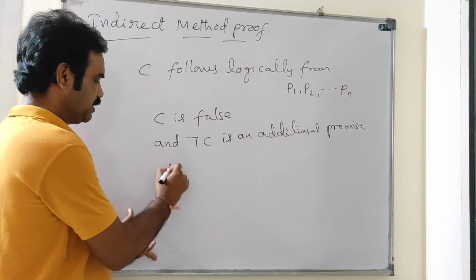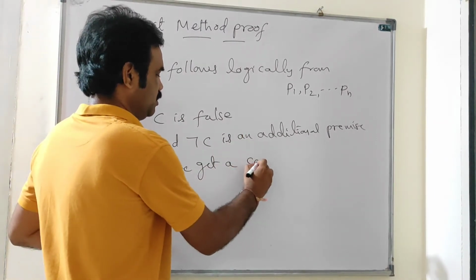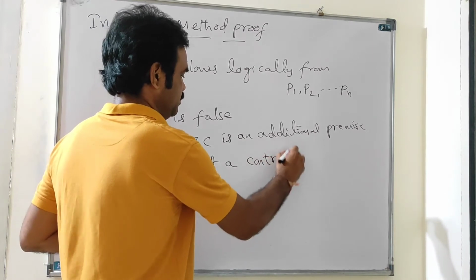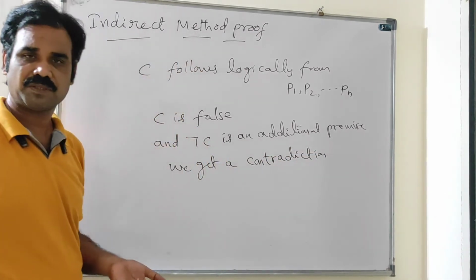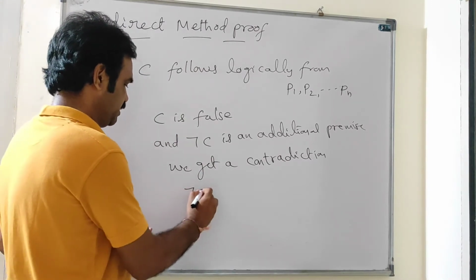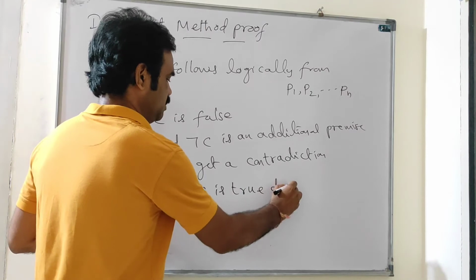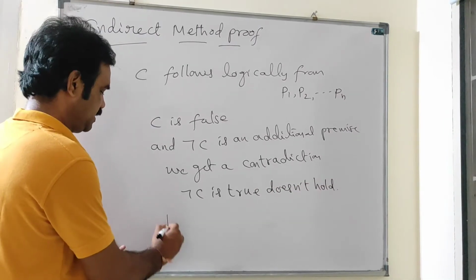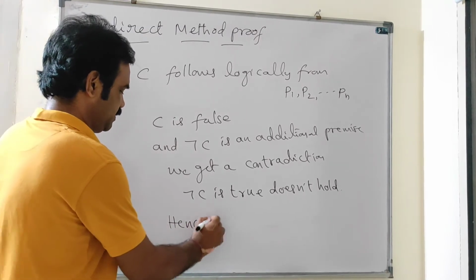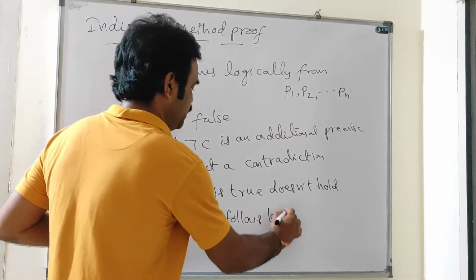Then we get a contradiction, and hence our assumption is wrong. That means negation C does not hold, and hence C follows logically from P1, P2 and so on, Pn.